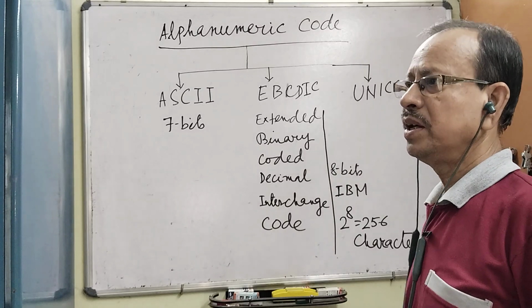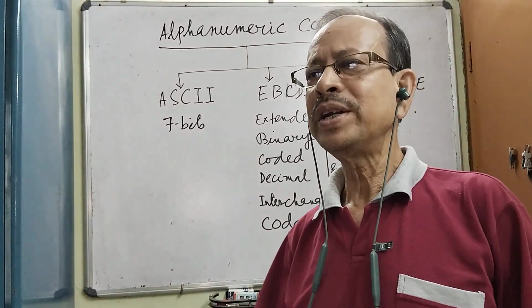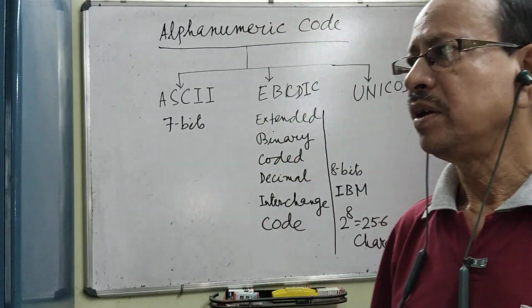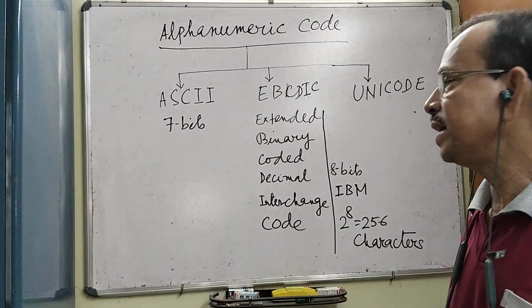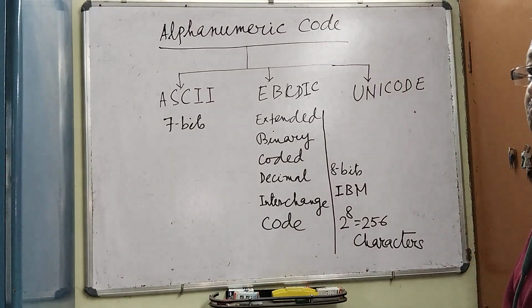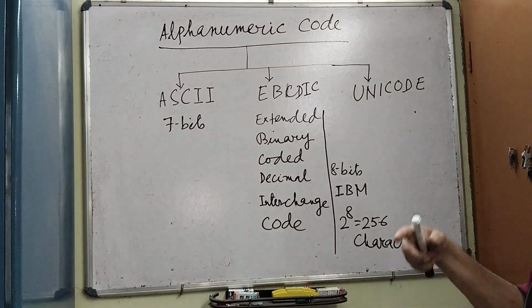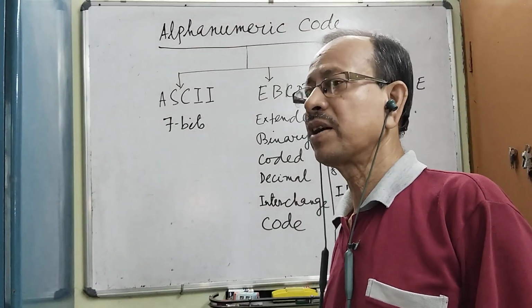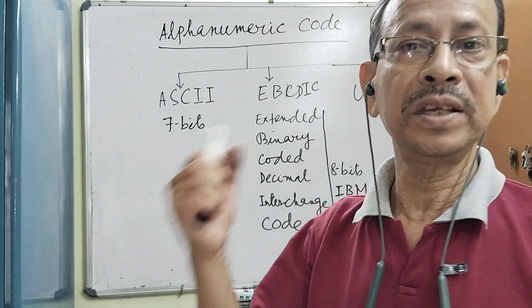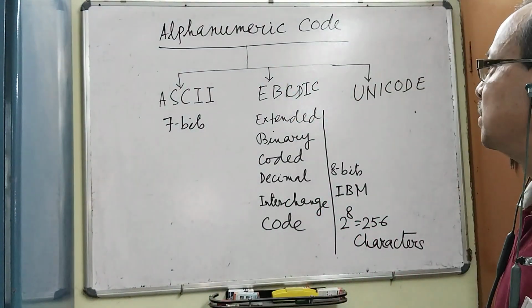Our script is 26 in case of English. Bengali, Hindi, Sanskrit, Tamil, Telugu, Uriya, all are different in case of India. But in case of other country, Arabian, Japan, Chinese, there are so many alphabets in case of Chinese.